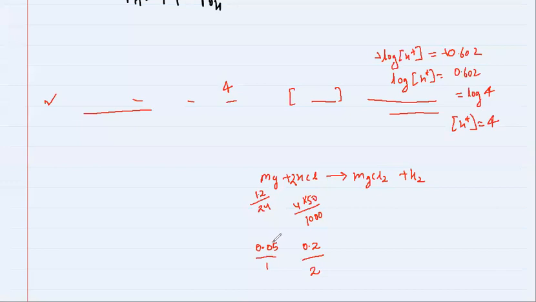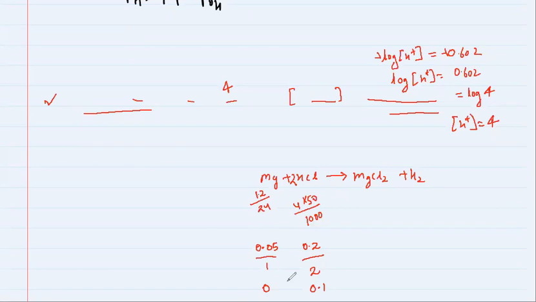Now if this is completely used, we know that HCl will be left, 0.1 mole. Yes or no? 0.1 mole. Because 1 mole of Mg will require 2 moles of HCl. So 0.05 mole of Mg will require 0.1 mole of HCl.